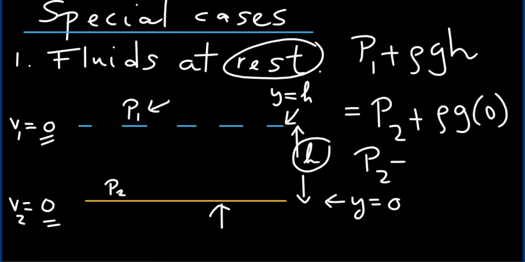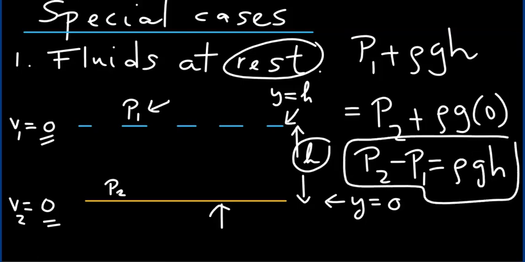By rearranging the terms, we see that P2 minus P1 gives rho g h, a result that we have seen before in one of our previous videos.